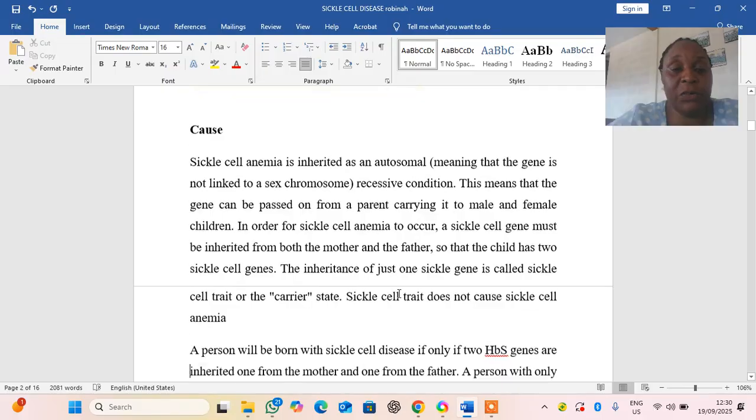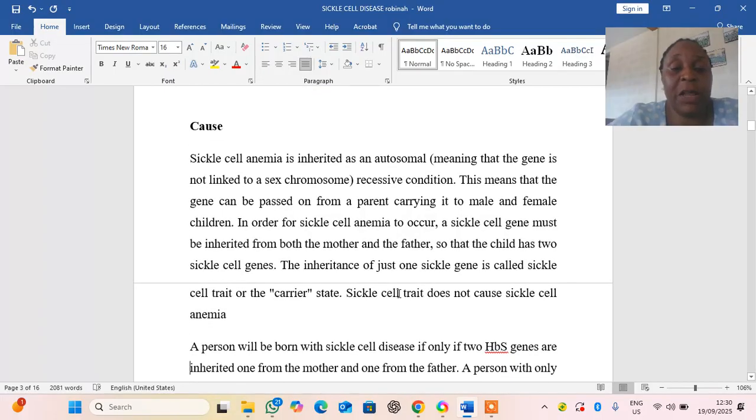And how is it caused? Sickle cell anemia, first of all, is an inherited condition that is autosomal. It means that the gene is not linked to a sex chromosome. This autosomal sickle gene is independent and not linked to any sex chromosome.